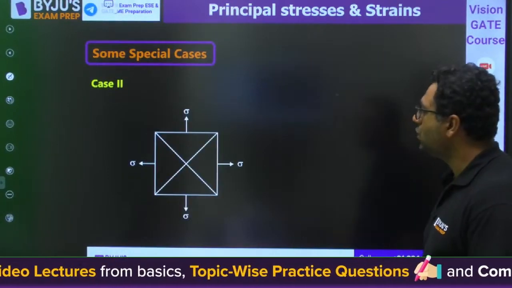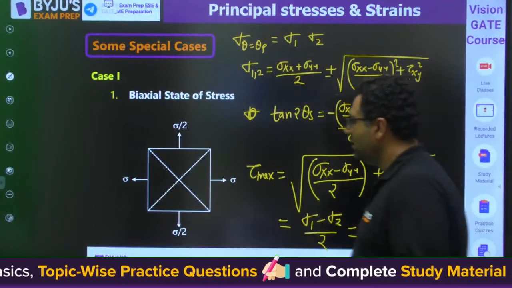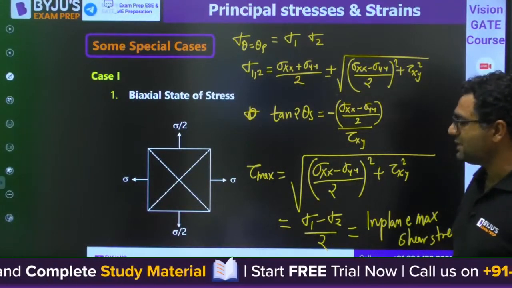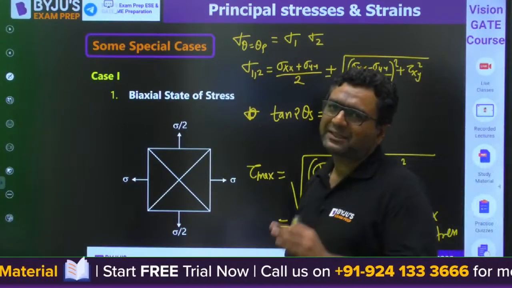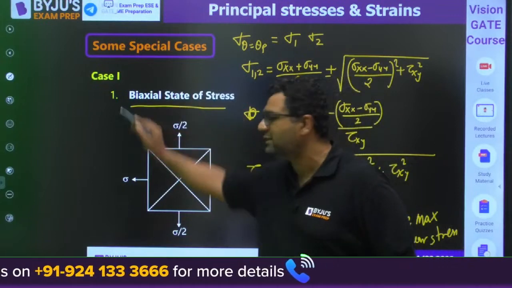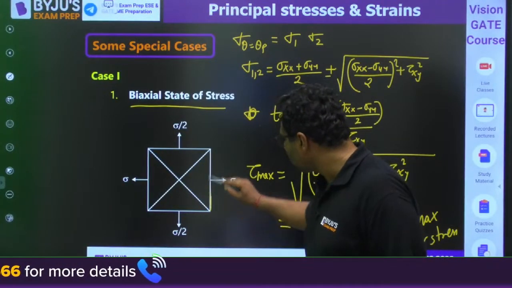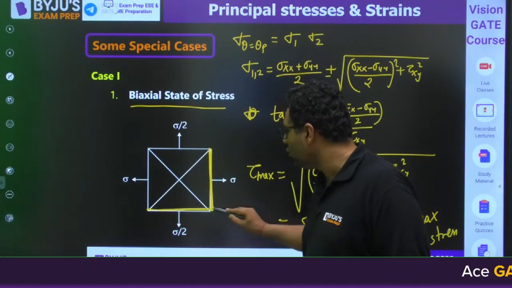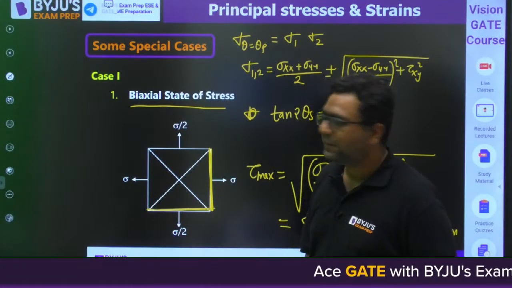Okay. So guys, this was about the case. Now, my dear, when we are talking about all the cases, you already know principal planes are those at which shear stress is 0. If we have a case of biaxial state of stress, you know that this plane is having no shear. This plane is having no shear. So they will be acting like principal planes.